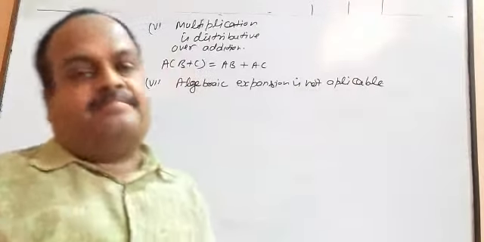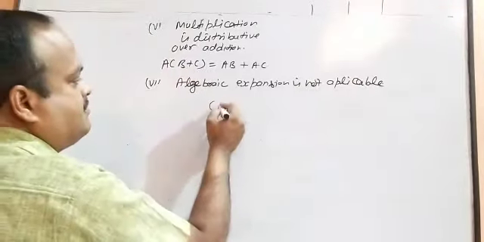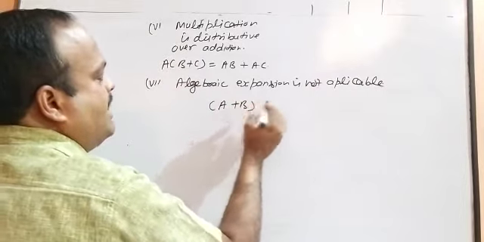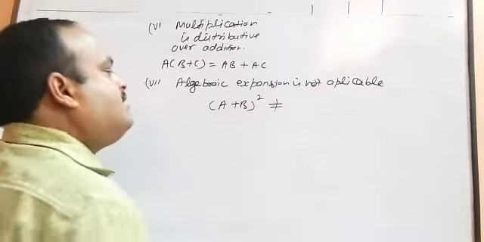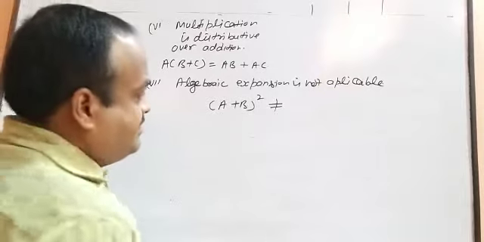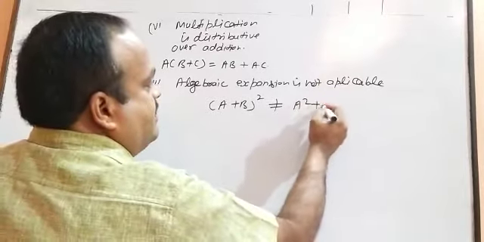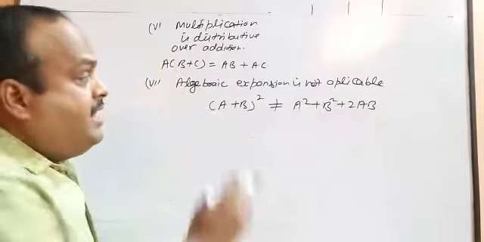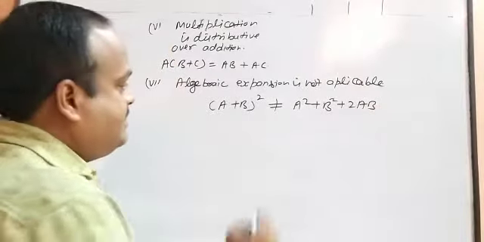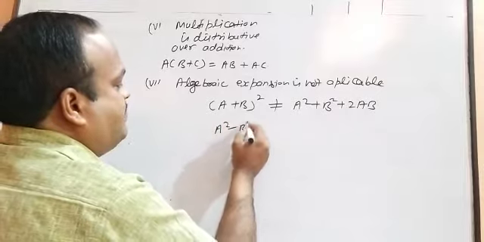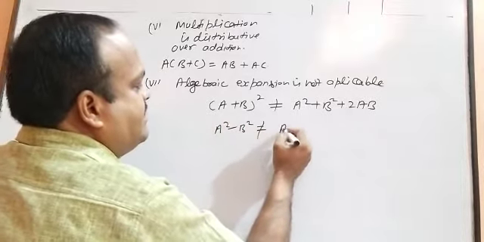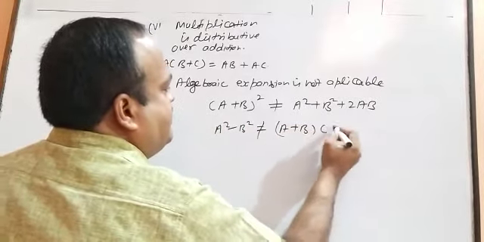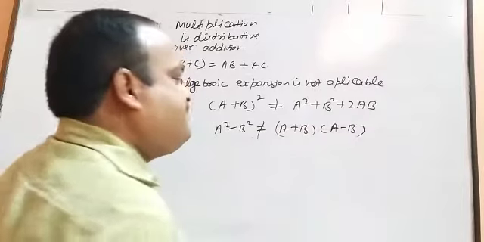I mean, the square of A plus B is not the same as A square plus B square plus 2AB, where A and B are matrices. A square minus B square is not the same as A plus B multiplied by A minus B.